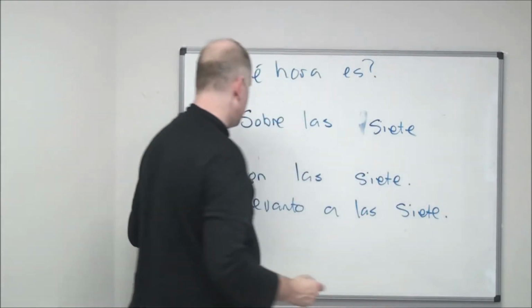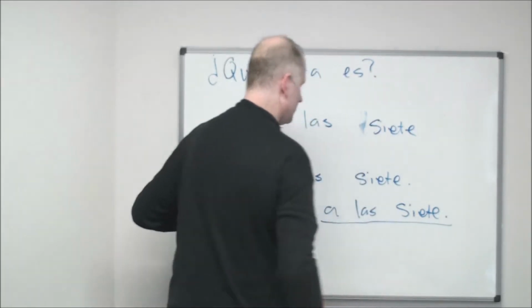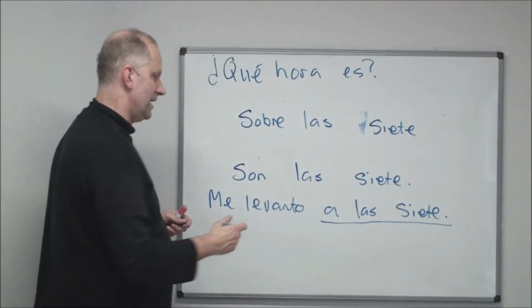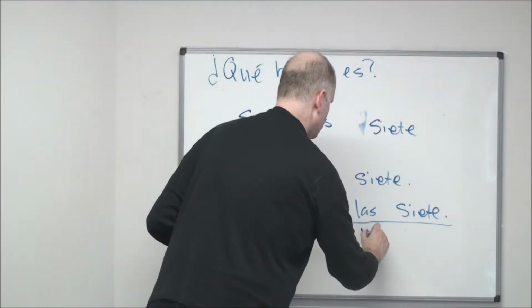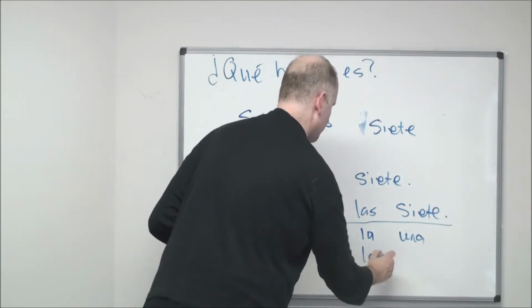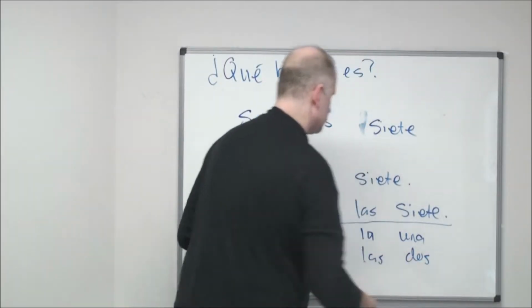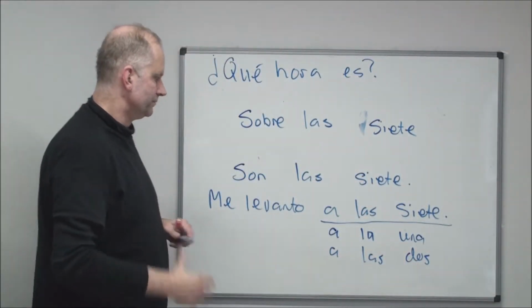So it's the difference between it is 7 and at 7. Whenever it's at a time, it's going to be a la, if it's una, or a las for all the other times bigger than 1 o'clock, a las dos, a las tres, all the way through.